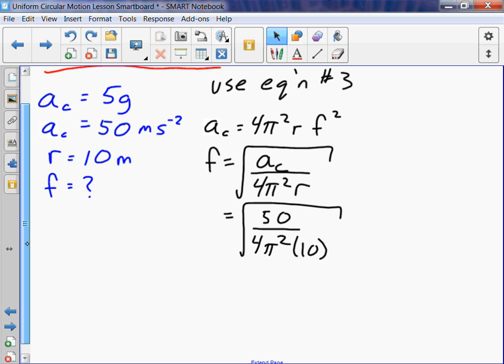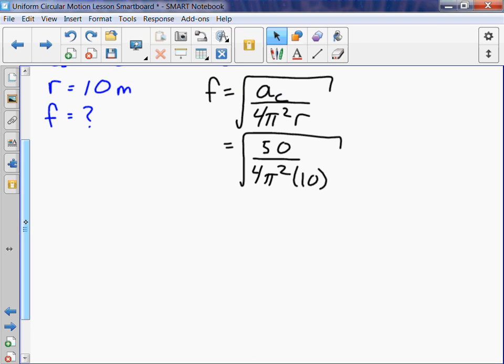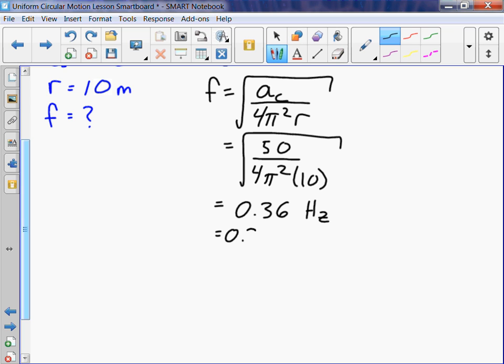Okay, 50 divided by... One decimal. But the Americans that write the book wanted it in RPM, because we're motorheads.